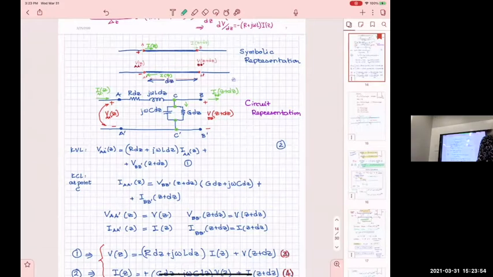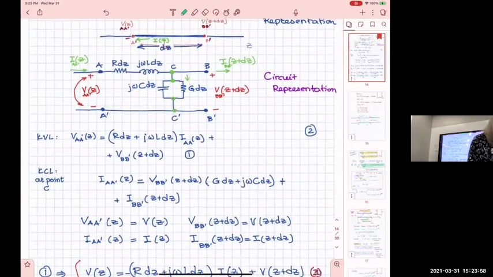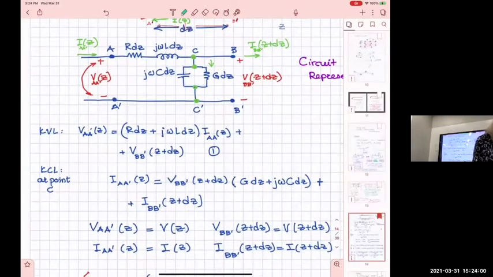Okay. Now, what we do here, we apply Kirchhoff's voltage law. So we say the voltage between A and A prime is nothing else but the voltage drop along the resistor and the voltage drop along the inductor. So practically I write it like this.